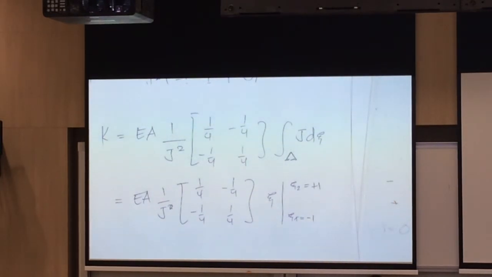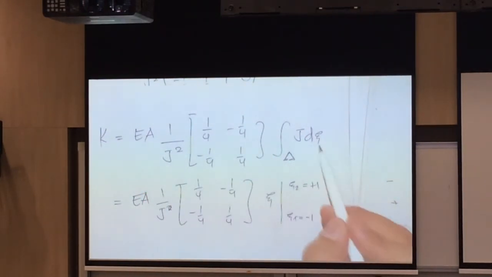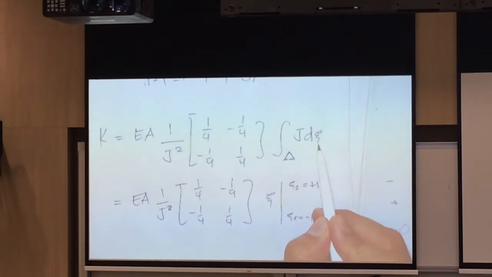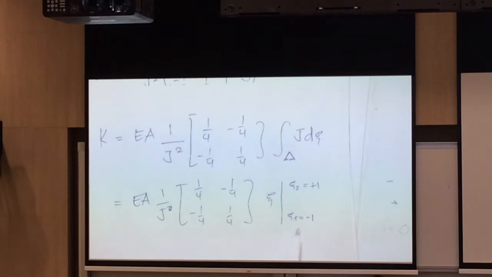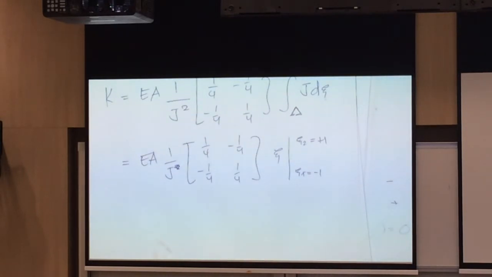Yes? So this one goes out. The integral of dc is C from C1 to C2. So this is J. What is the value of J earlier? Where were we?